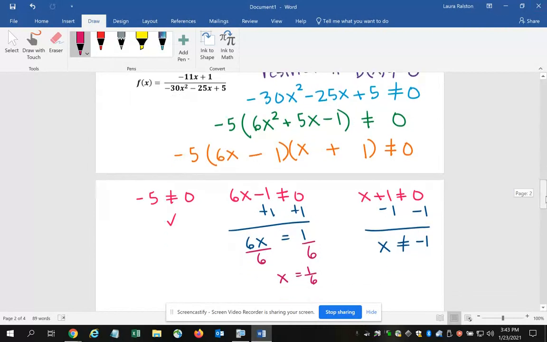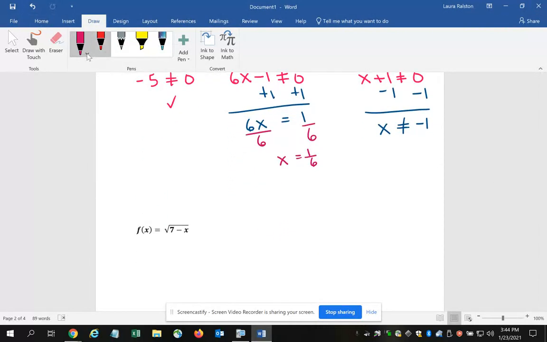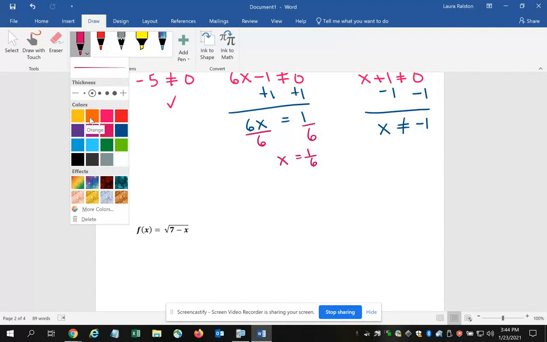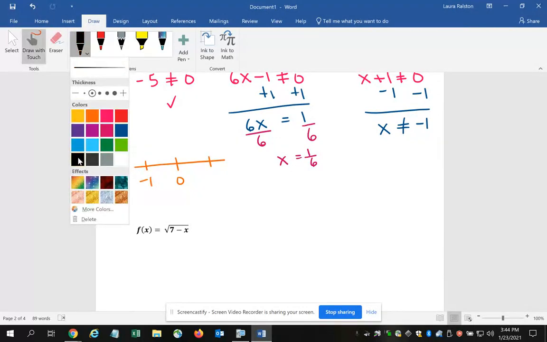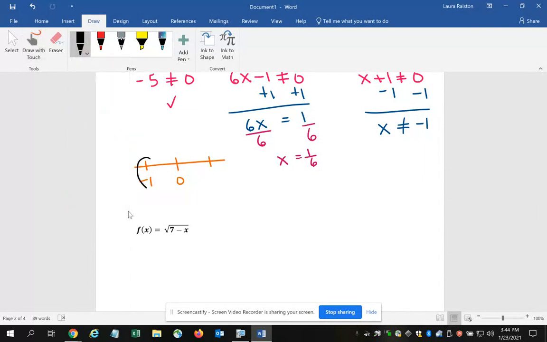So for this particular function, I actually have two different restrictions. Again, if you think about it on a number line, you're going to have a restriction at negative 1, and then you're also going to have a restriction at positive 1/6. So there's a big old hole at negative 1, and there's a big old hole at 1/6.